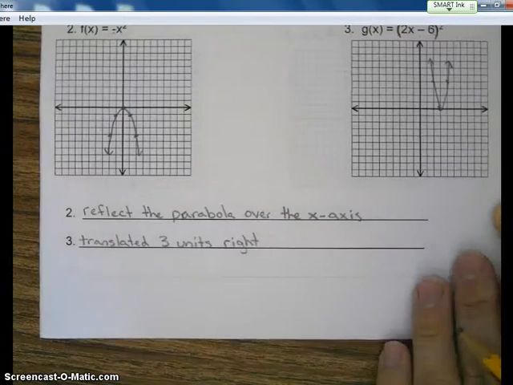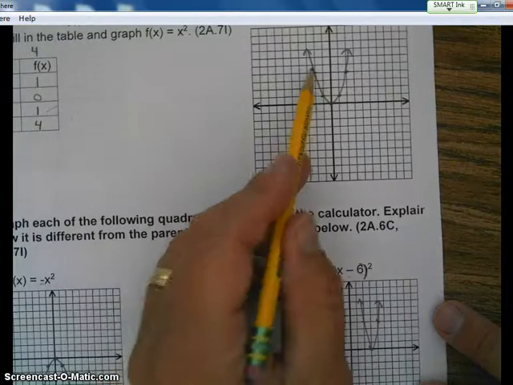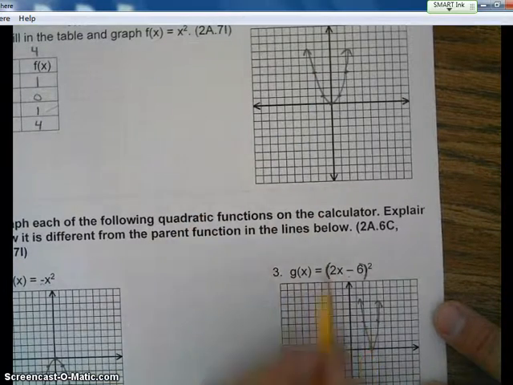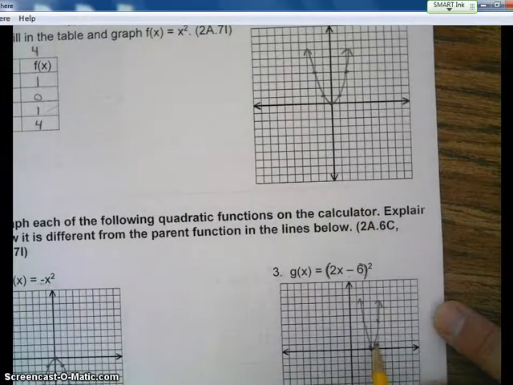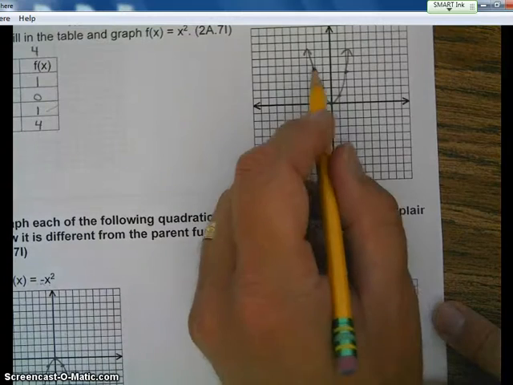Okay. How else is it different? If you look at your parent and you look at your new one, notice the parabola appears to be a little bit narrower than the original.